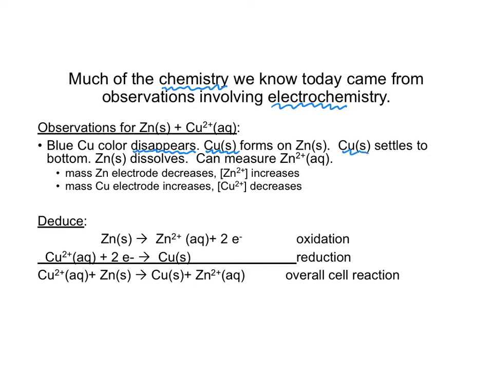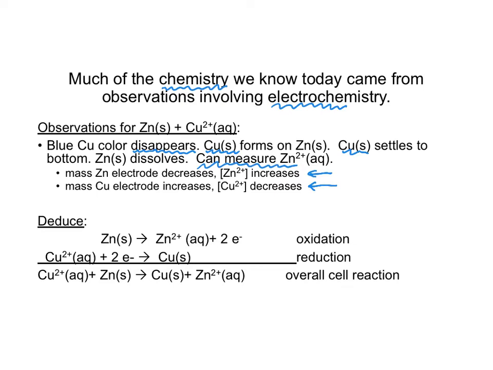What we couldn't really see is that the zinc solid dissolves, but you could measure that there is zinc 2+ there. So when people talk about voltaic cells, these are the observations they make. They say the mass of the zinc electrode decreases and the concentration of zinc 2+ ion in solution increases. They would say the mass of the copper electrode increases and the copper 2+ ion concentration decreases.